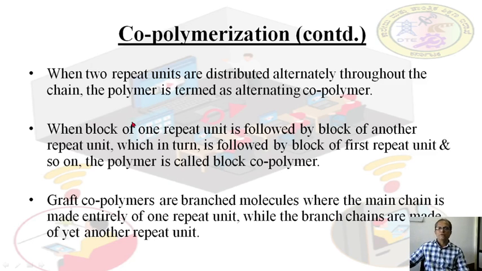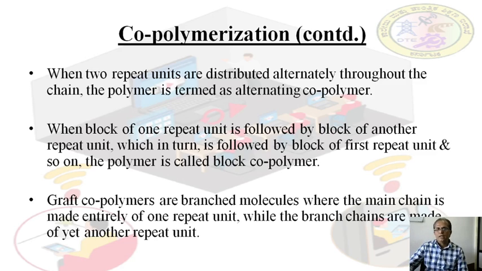This type of copolymer is called a block copolymer. And in some polymers, we can see an arrangement where the backbone or main chain is made entirely of one type of repeat unit, whereas the grafts or branches are of another type of repeat unit. That type of copolymer is called a graft copolymer.